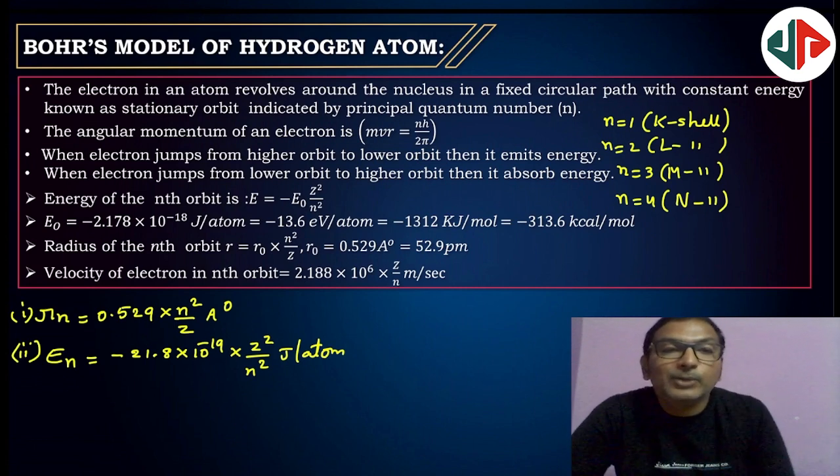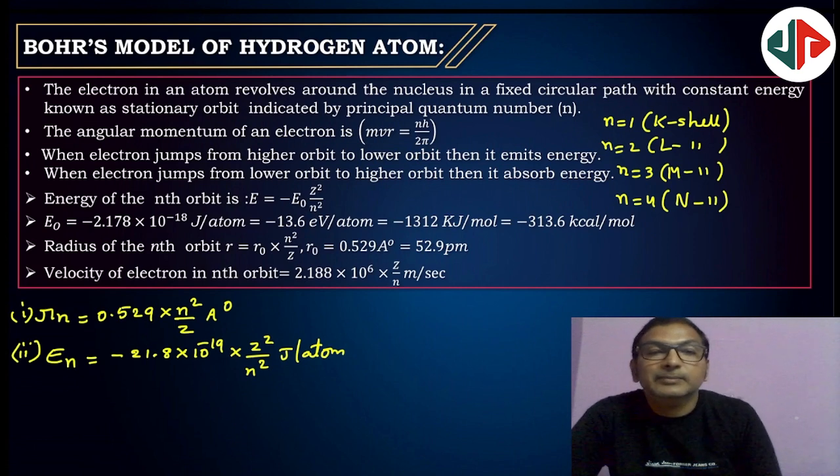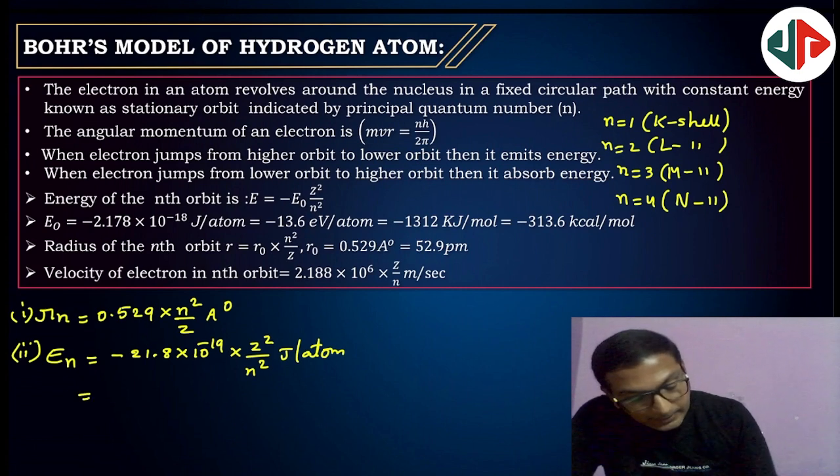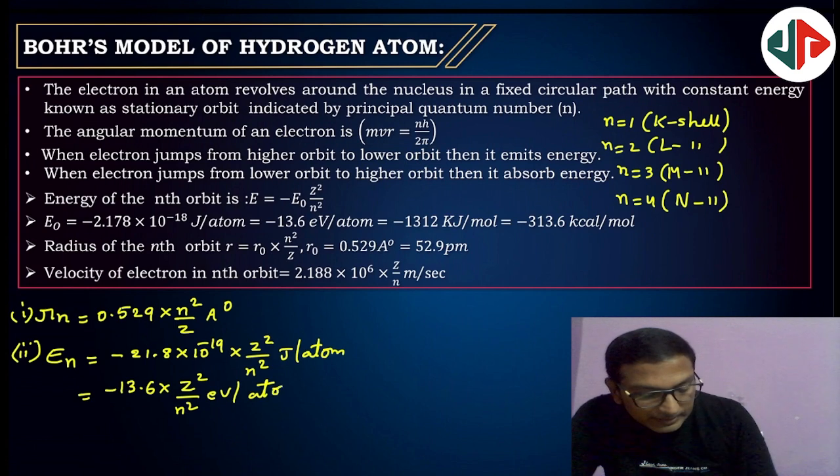I am taking here 21.8 into 10 power minus 19. If it is 2.18, that becomes 10 power minus 18. Similarly, minus 13.6 into Z square by n square electron volts per atom. Remember these relations.